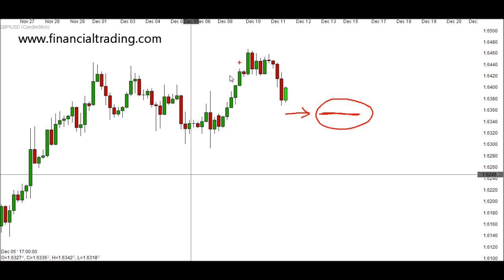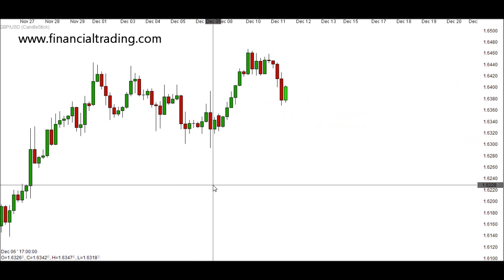So if we look at some Japanese candlesticks here, if we just look at these last 4 or 5 on this chart. On this candle, price opened here. On the previous candle, price closed here, so on the same level.